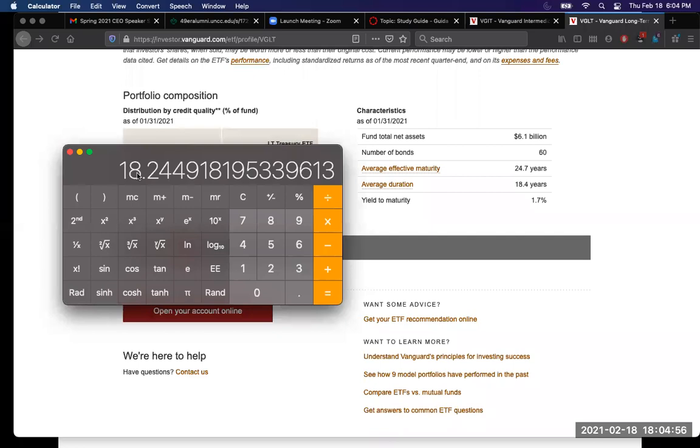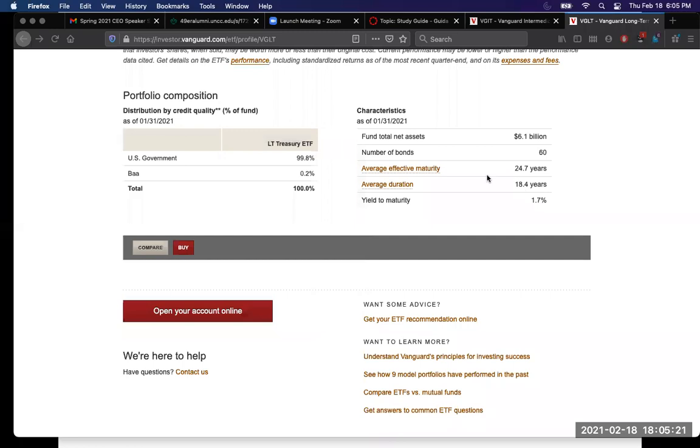A 1 percentage point change in yields across the board of all maturities for this fund. If yields increase by 1 percentage point, you would lose 18% of your value. It has a higher duration. It's far more interest rate risk sensitive.